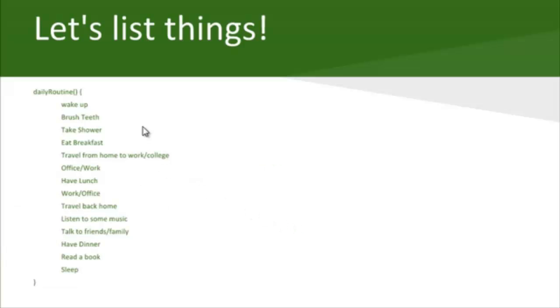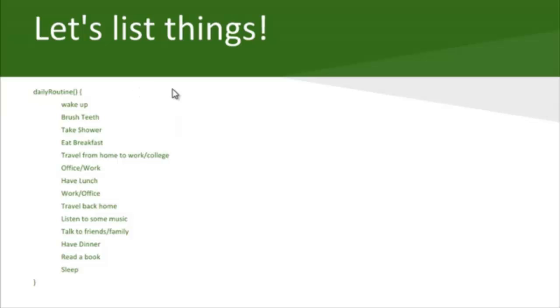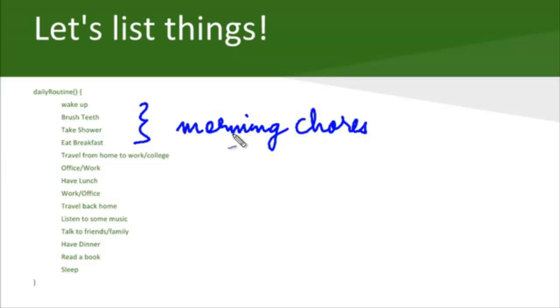Now when we create a list of these things, we will come to notice that the list becomes too long, and certain things can be grouped together into one, like waking up, brushing teeth, taking shower, eating breakfast can be termed as, say, morning chores. So let us try to group certain things and let us try to shorten our list.